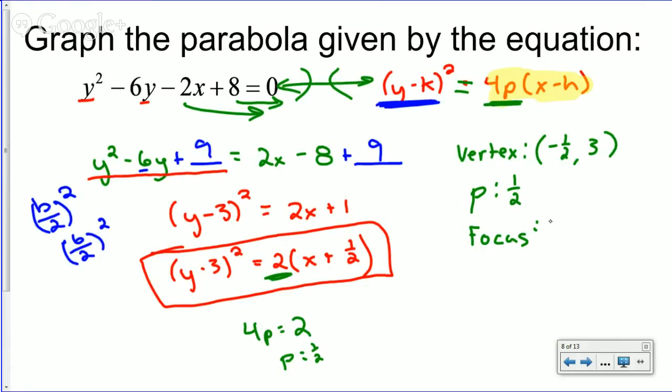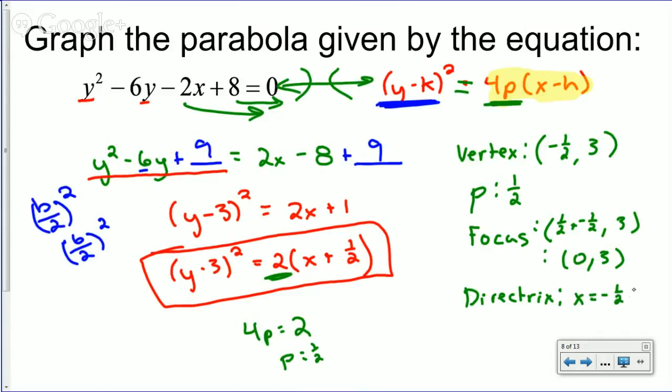So that's 1/2 plus -1/2, comma 3. So that's 0, 3. Our directrix will be x equals -p plus h. So that's x equals -1.